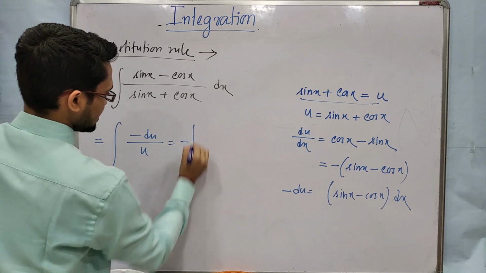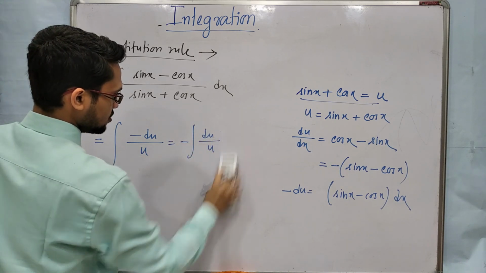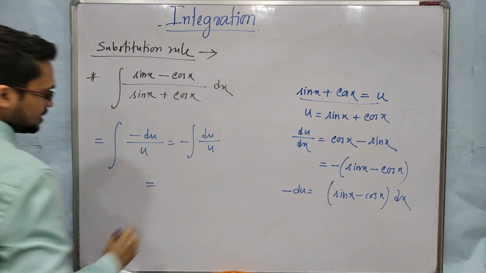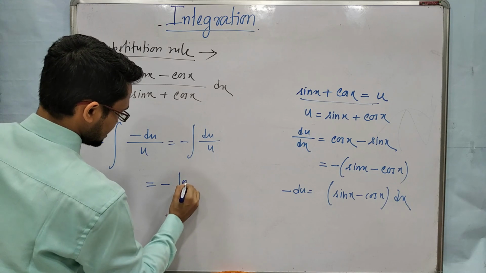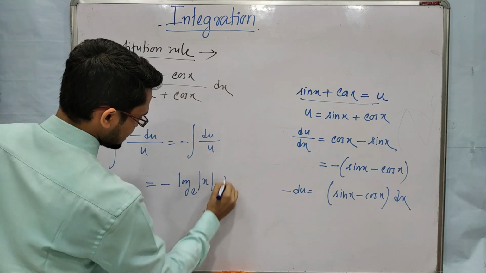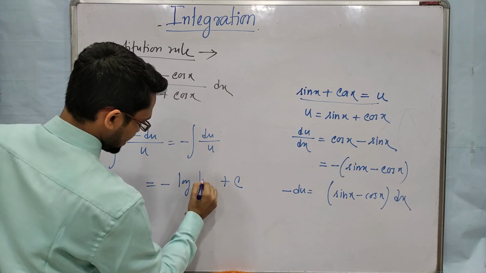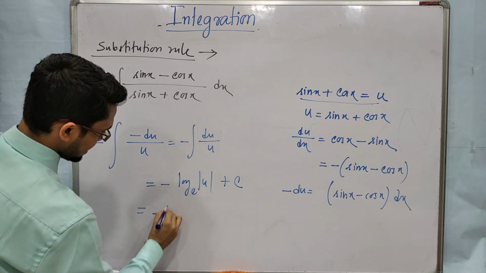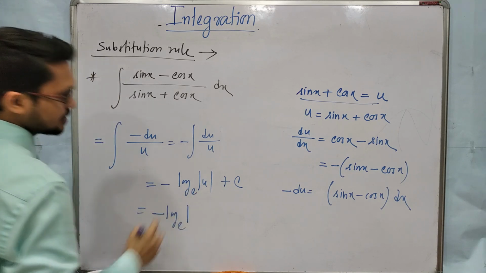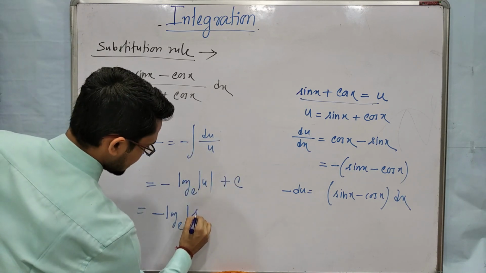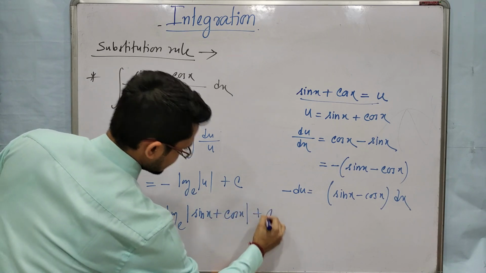So it is basically minus integration du by u. It looks like dx by x. So the formula will be minus log e mod u plus c. Then minus log e, in place of u write sin x plus cos x, plus c.